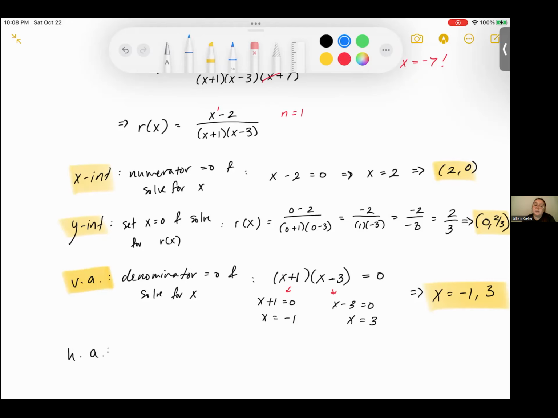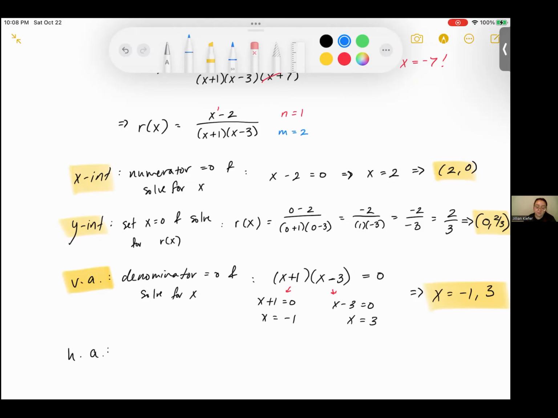Then we don't have an expanded version of x plus 1 and x minus 3. You could definitely expand it if you wanted to, but you don't necessarily have to, because the degree of your polynomial is equal to the number of factors you have. So in our case, our denominator has 2 factors, which means that the degree of our denominator would be 2.